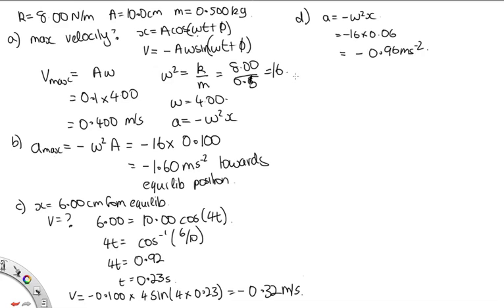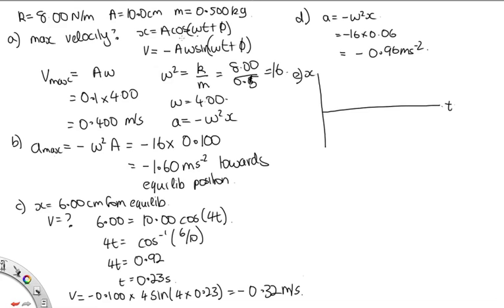And finally, part E, it asks us what's the time it takes to travel between 0 and 8 centimeters. So let's just do a quick sketch of what it looks like. Here's our time, here's our position. We've got the equation x is equal to A cos omega t, and we've set phi to 0.